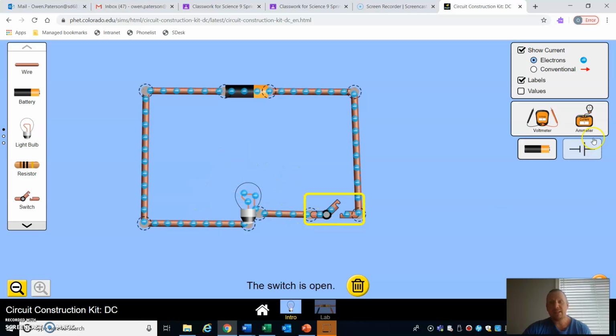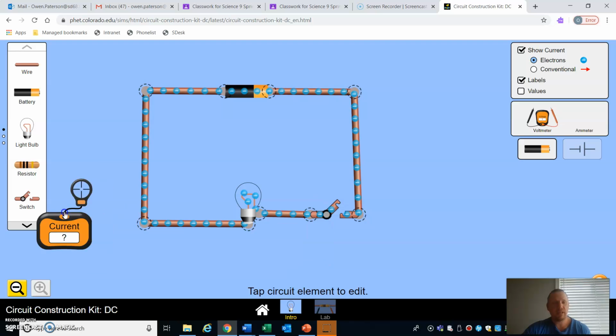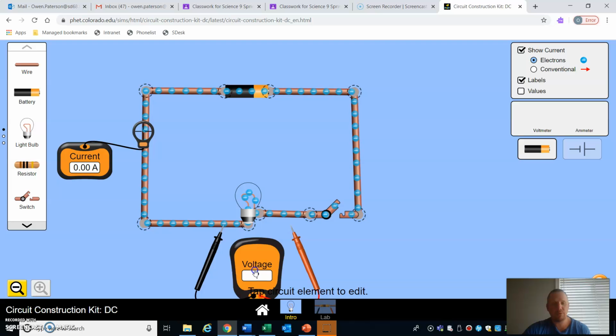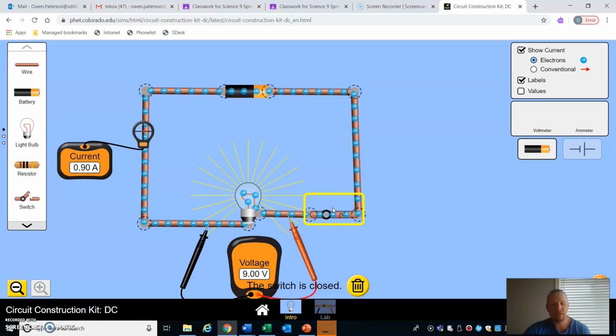If we want to see what the current is, we would add the ammeter in here. Right now it's 0 because the switch is open, but when the switch is closed, in this case, the current is 0.9 amps. Then if we want to see the voltage, we attach the voltmeter to both sides of the light bulb, and we see that there are 9 volts going through this light bulb.